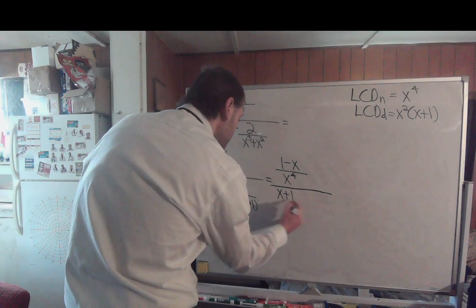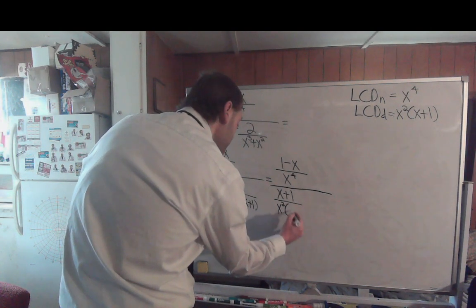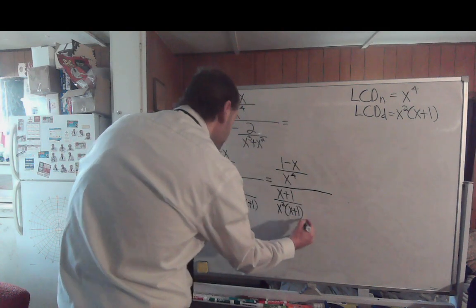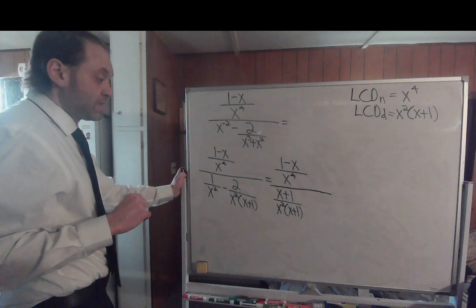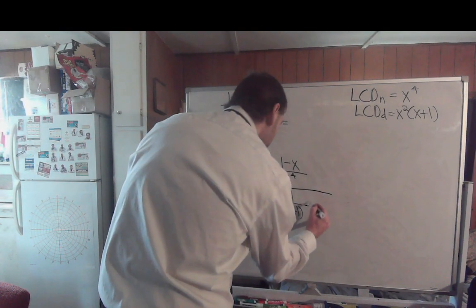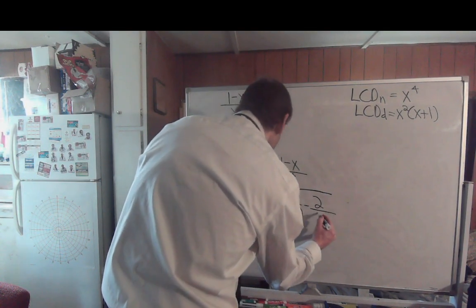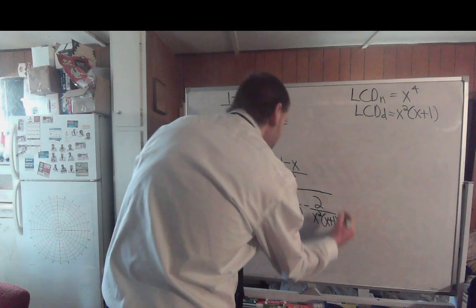So you'll have x plus 1 all over x squared times x plus 1. And then your second term of the denominator already has that. So this would all be minus 2 times x squared all over x plus 1.